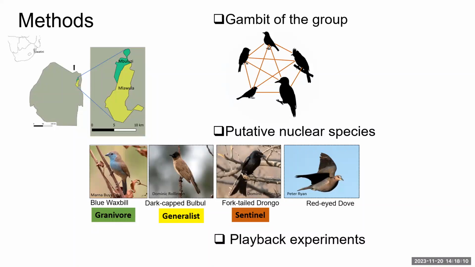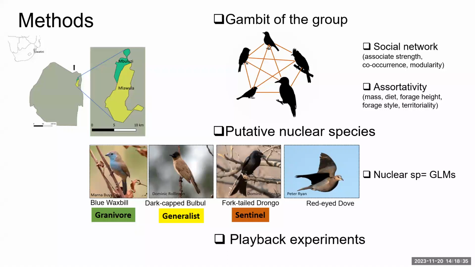Specifically, the drongo is a special kind of nuclear species: it is a sentinel. Sentinels are important in predator defense, providing that benefit for species that join the sentinel. So we used playback experiments to test the influence of these birds.